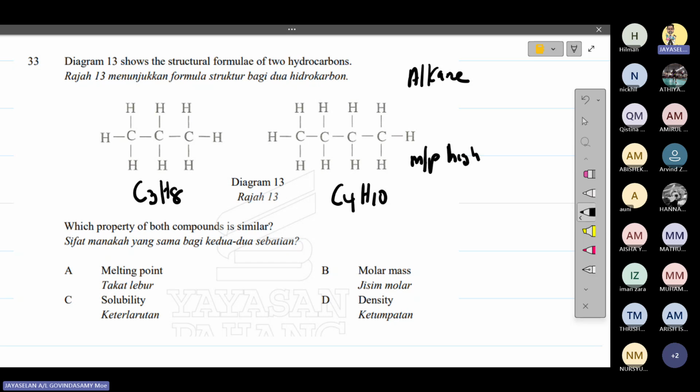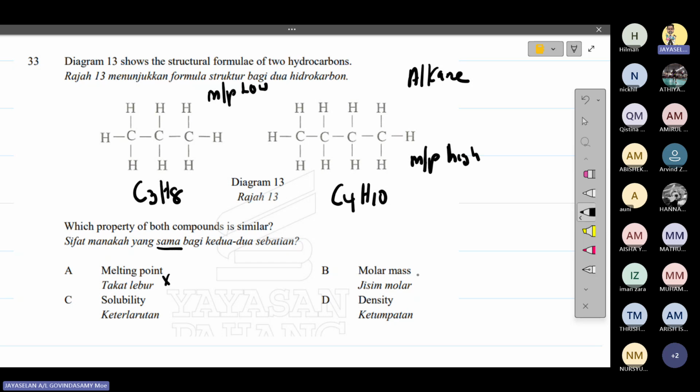In a covalent bond, when the size is bigger, the melting point and boiling point are higher. Why? Because the van der Waals force gets stronger when the size is bigger. So melting point I, this is melting point low. So which one is the same? This one cannot.